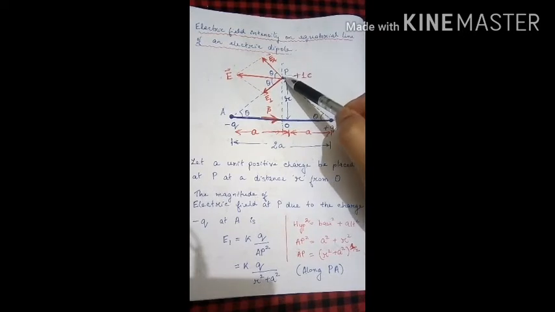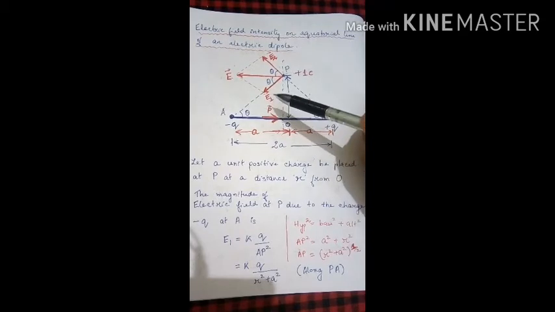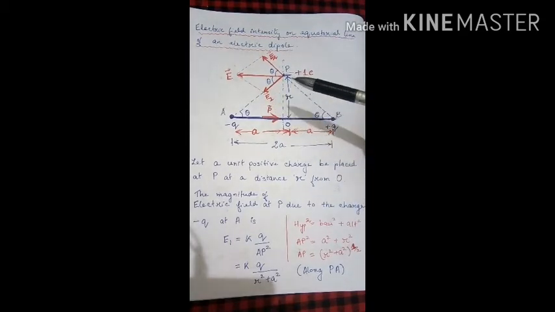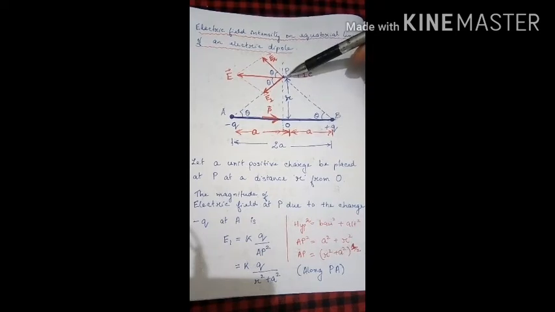This electric field intensity will be along this direction, since the direction of electric field intensity is the same as the direction of the force acting on the charge. Similarly, here we have a positive charge and a unit positive charge.